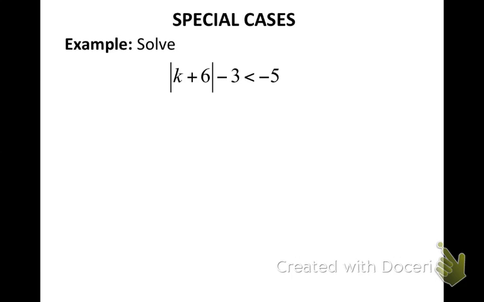So then we get the absolute value of k plus 6 is less than negative 2. Thank you, yes, not negative 8. Now let's think about this. Is there any way that I'm going to get the distance of something from 0 to be less than negative 2? No, right? So this is going to be a case of no solution.